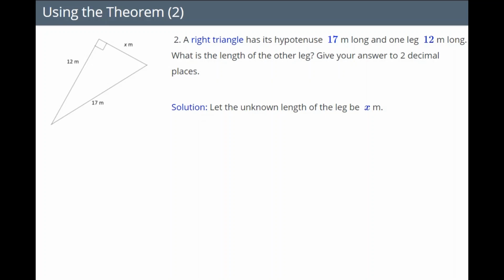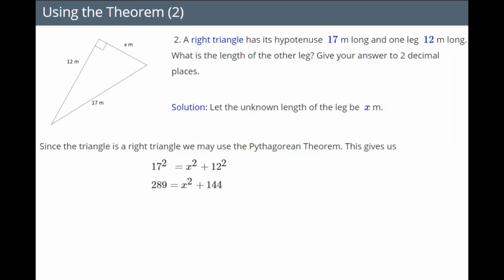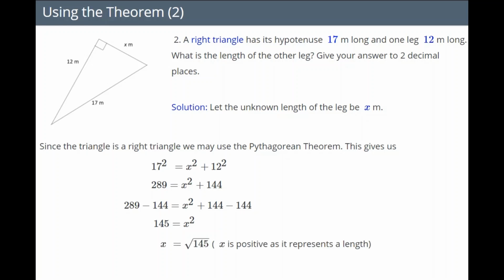Well, let the unknown length of the leg be x metres. And since the triangle is a right triangle, we may use the Pythagorean theorem. And that gives us 17 squared equals x squared plus 12 squared, and this is an equation. That's 289 equals x squared plus 144. We subtract the 144 from both sides and we get 145 equals x squared, and so x is the positive square root of 145.